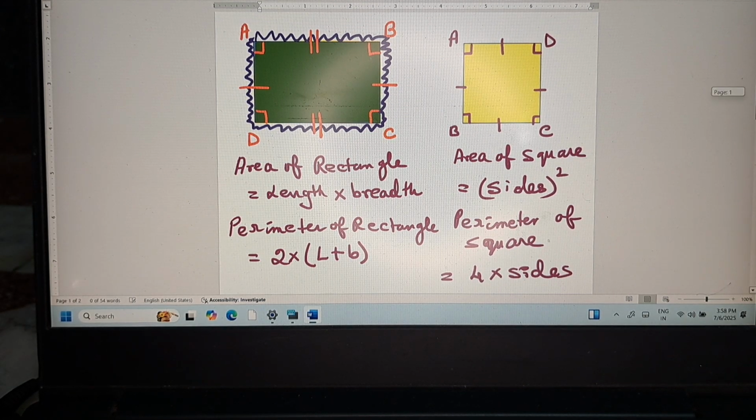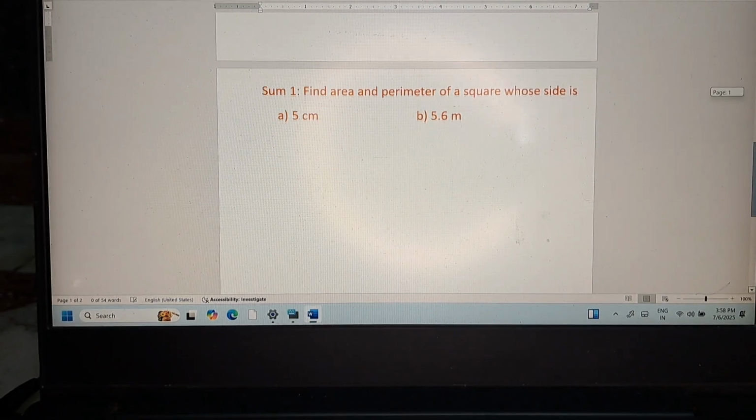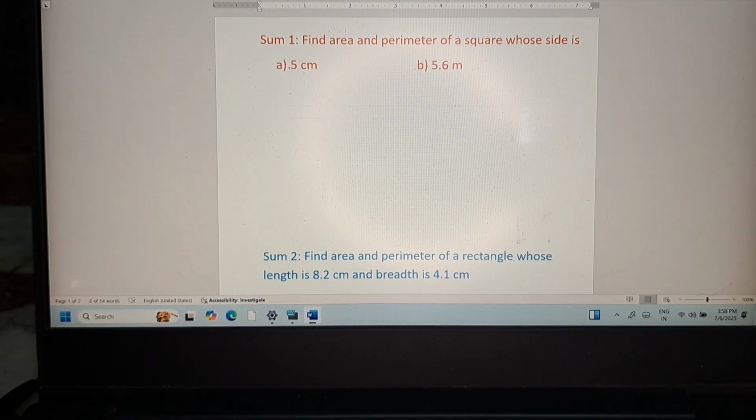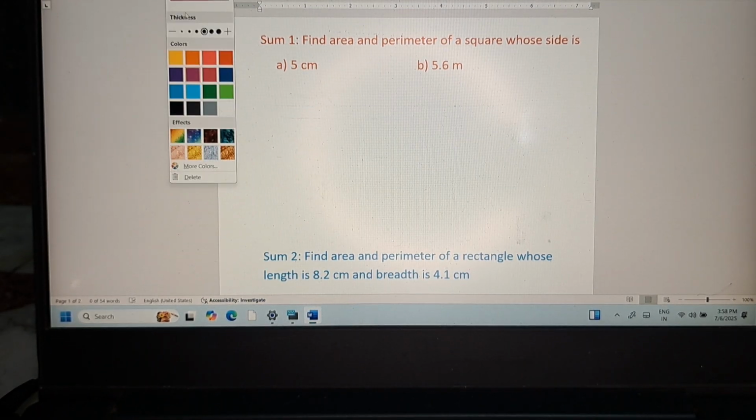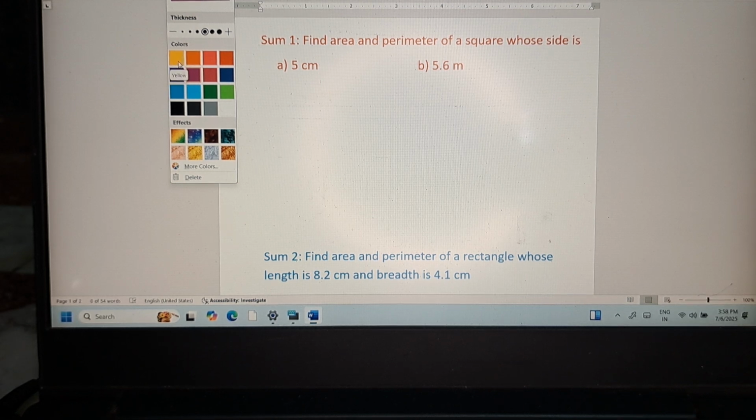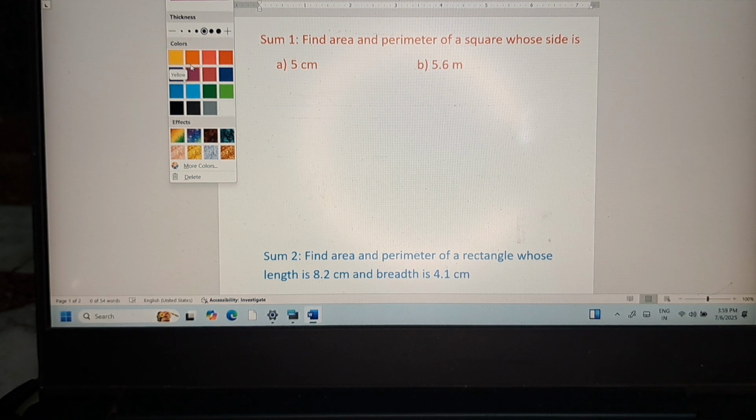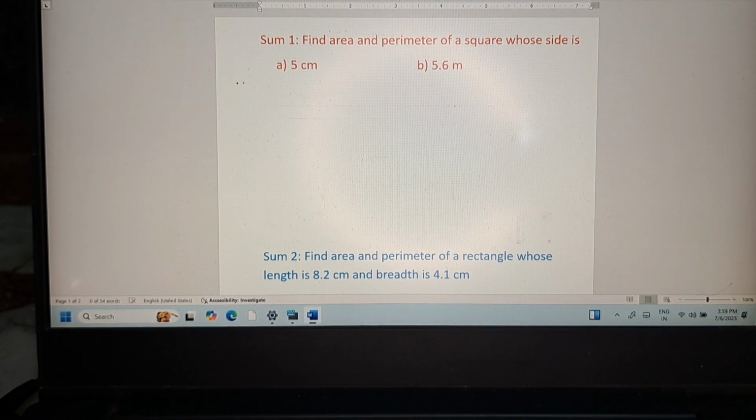Now let us see with the help of one example sum. Here the sum says find the area and perimeter of a square whose side is 5 centimeter. We have to find out the area. The side is given 5 centimeter.